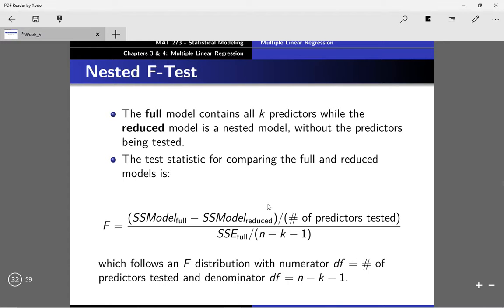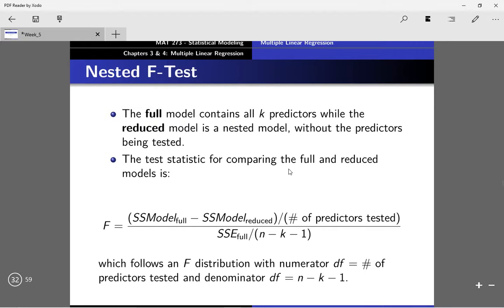And to calculate the F-test statistic for this nested F-test, we calculate the sum of squares model for the full regression model with all the predictors minus the sum of squares model for the smaller model, and that in parentheses is divided by the number of predictors that we're considering removing, and then divided by the SSE, the sum of squared errors for the full model, divided by n minus k minus 1, where k is our full number of predictors.